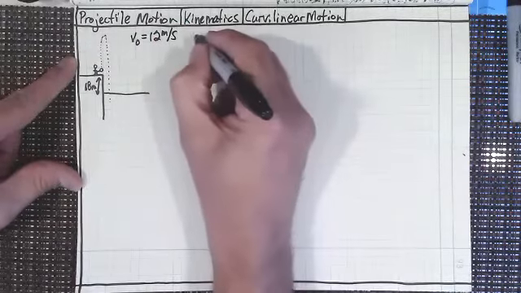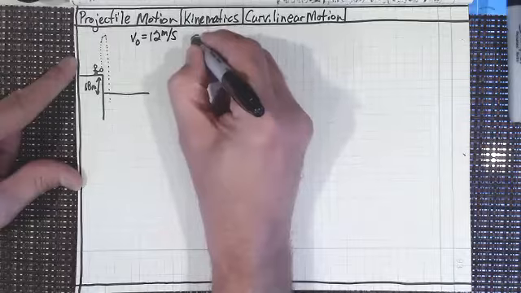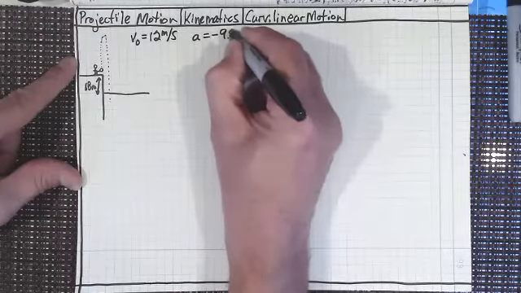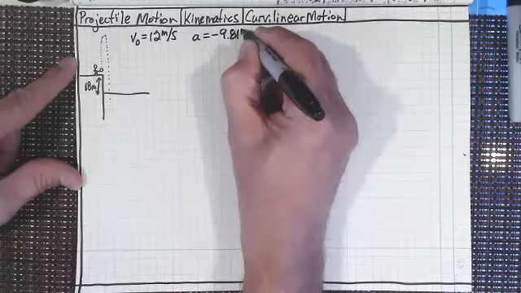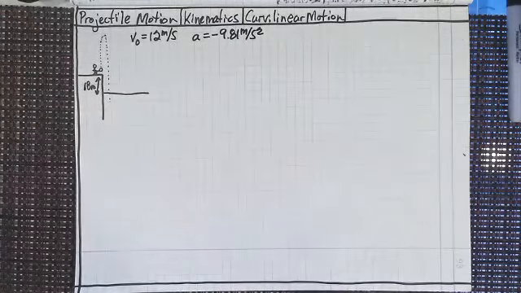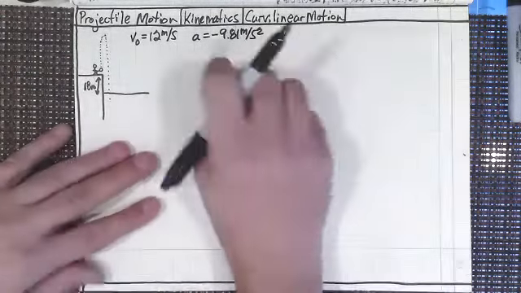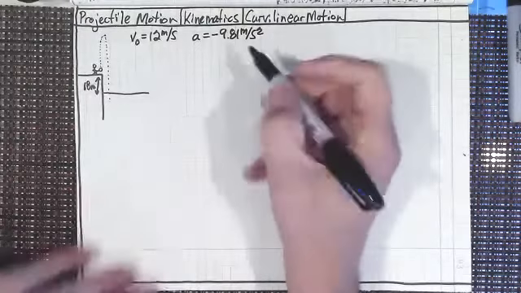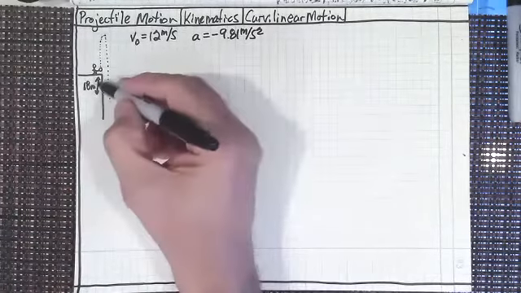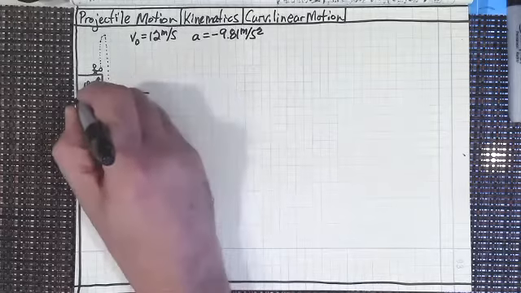Now we know that the acceleration is going to be minus 9.81 meters per second squared, right? That's not a great pen. Anyway, we're just going to have to live with it. So now we know that's 18 meters.